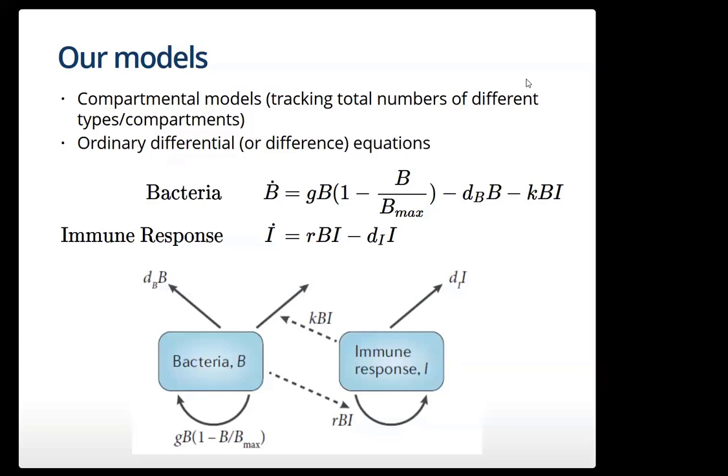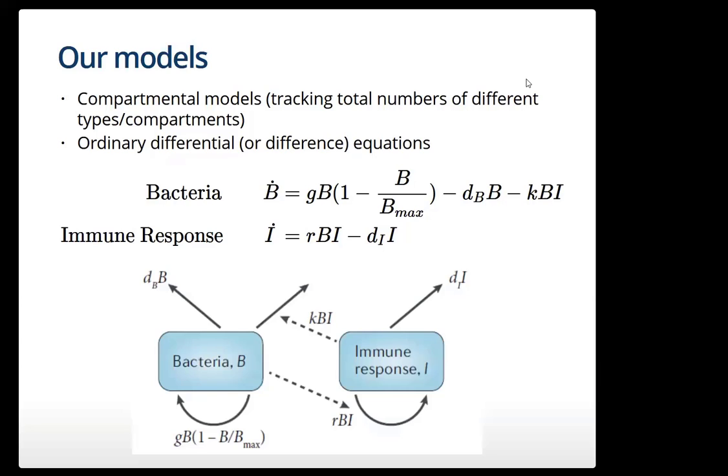On the right-hand side, it shows you all the different processes or mechanisms that happen in your system. In this case, we have growth of the bacteria at some rate g, and initially that's an exponential growth. Then when B gets large and reaches B max, the term in the parentheses, 1 minus B over B max, gets closer and closer to 0, so the growth slows down.